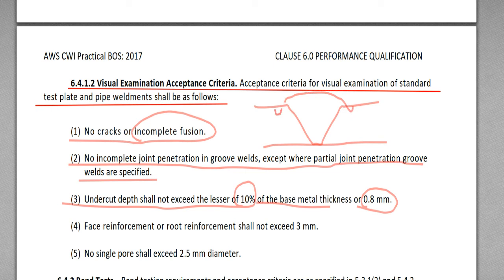Undercut right here, and the depth of undercut here shall not exceed 10% of the base metal thickness. Let's say base metal thickness is 10 millimeter, then 10% is 1 millimeter undercut, but or 0.8 millimeter. This 0.8 millimeter is smaller than this 1 millimeter, so we pick this 0.8 millimeter.